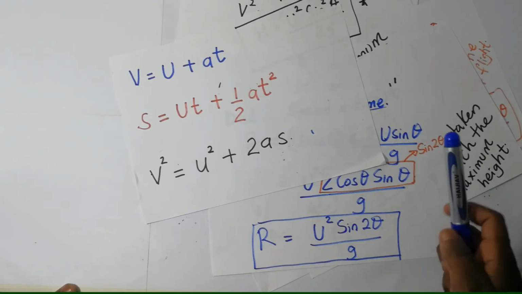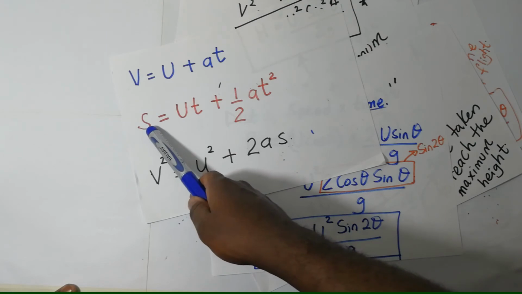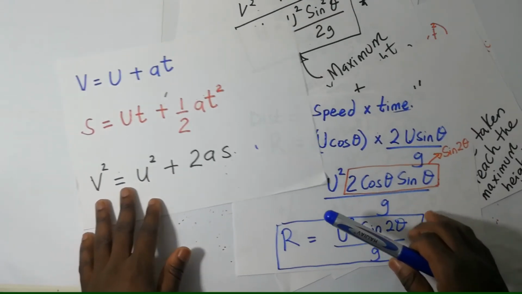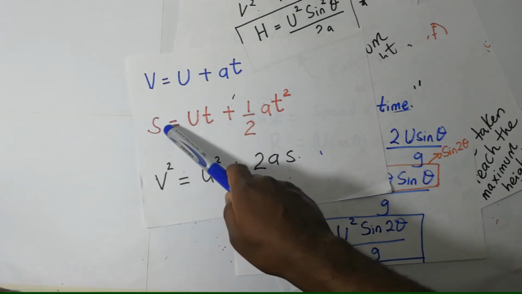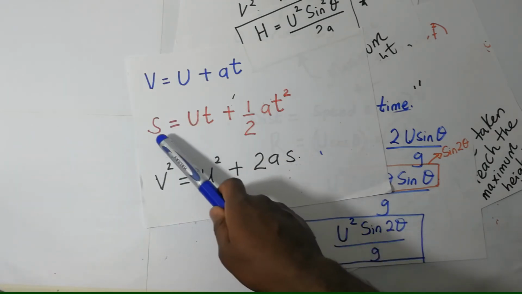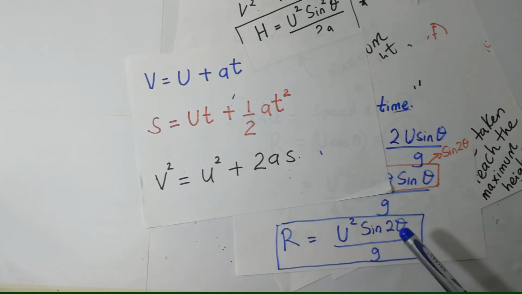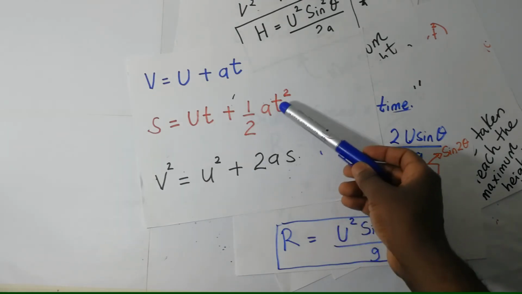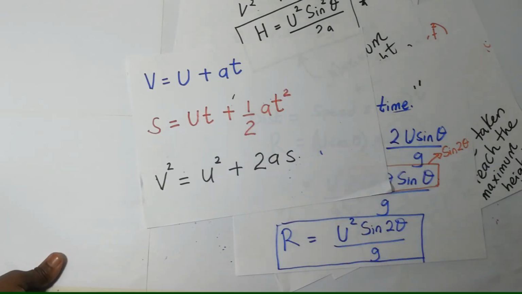Here we're able to use the reasoning that the vertical displacement is 0 at the beginning of the flight and at the end of the flight. But sometimes the displacement might not be 0. It might be another figure. So you should be able to know how to use this equation of motion to get your answer depending on the question.